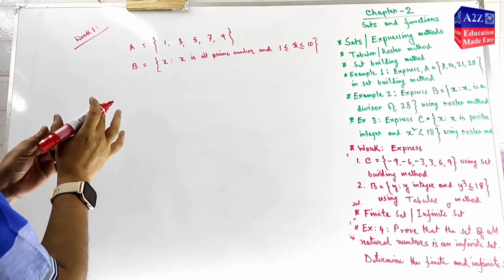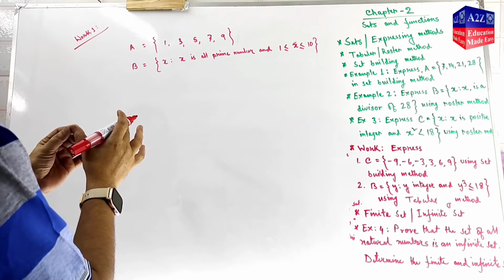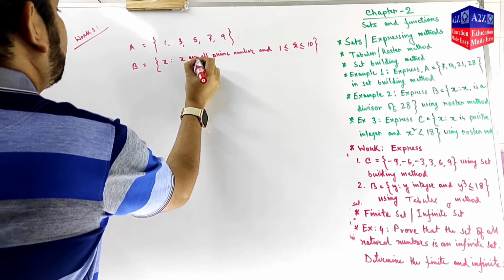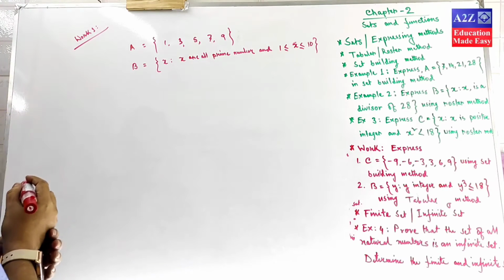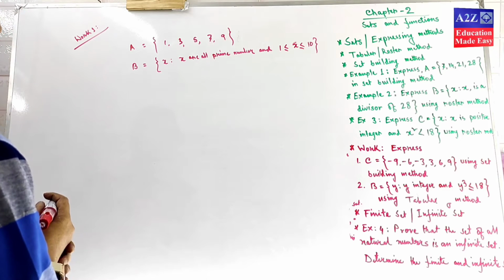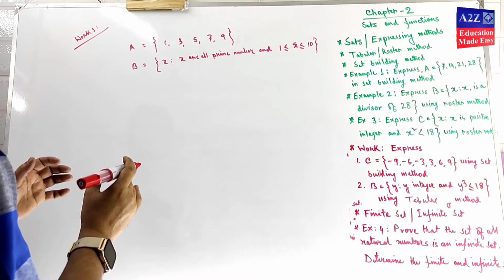It is a set of elements x such that x are all positive prime numbers, and x is ranging between 1 to 10. So you can find a limited number of items and you can very easily count them.